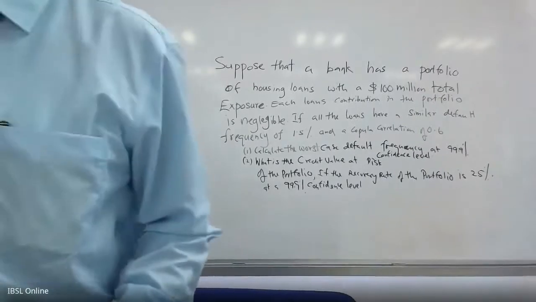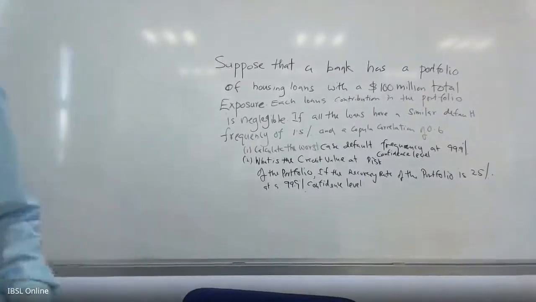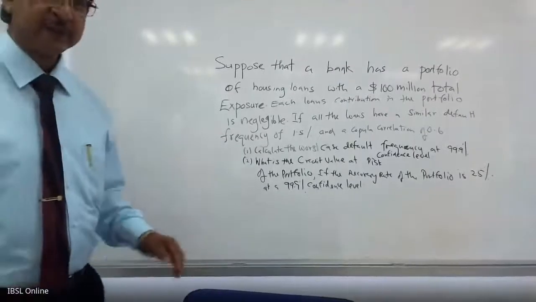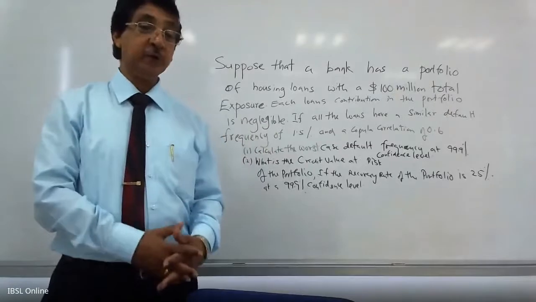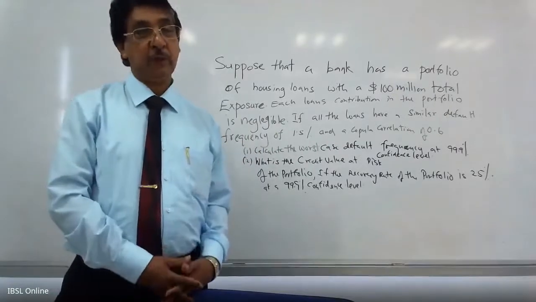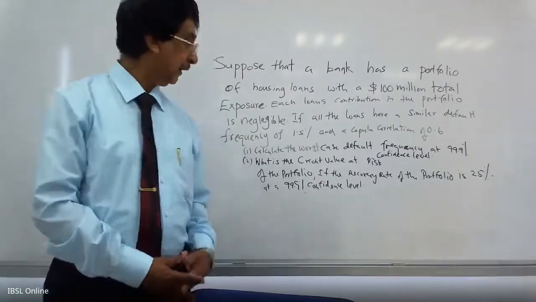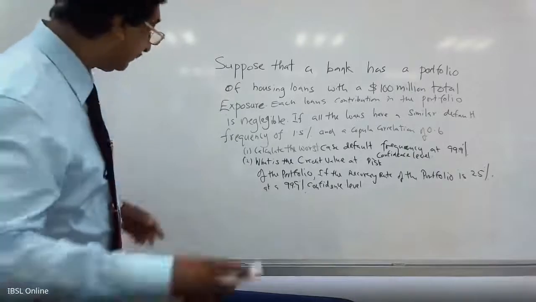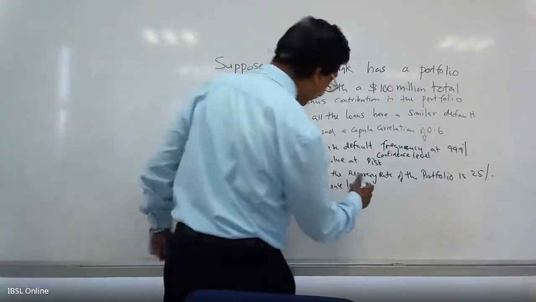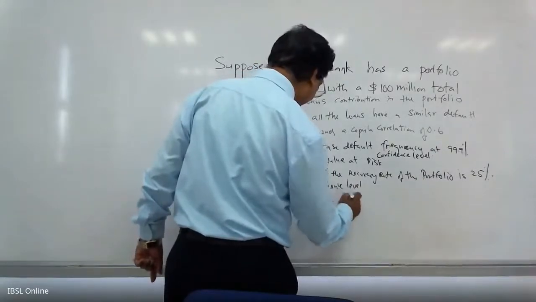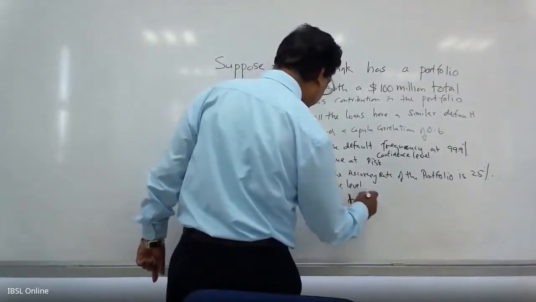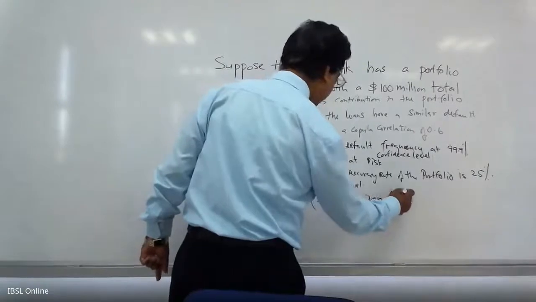Now, you all know there's a formula for the worst case default rate, WCDR. And there's another thing we can say: all these things are to be calculated for a horizon of 1 year.